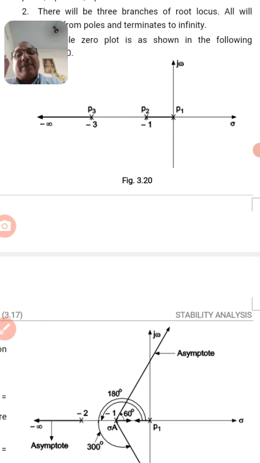Between minus 1 and minus 2 there is nothing, because asymptotes will change from P1 to P2 and P3 onwards.